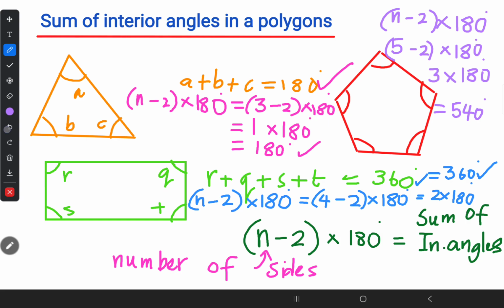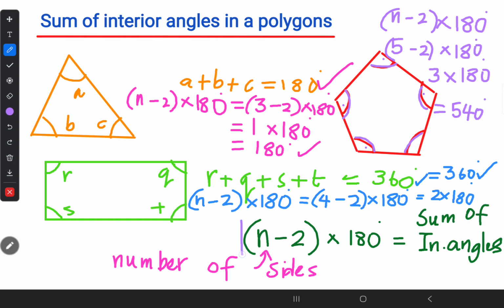If you want to check that, no worries. You can draw a random pentagon and measure all these angles using your protractor. I don't know what the single angles are, but definitely when you get the summation of all these 5 individual angles, it should equal 540.